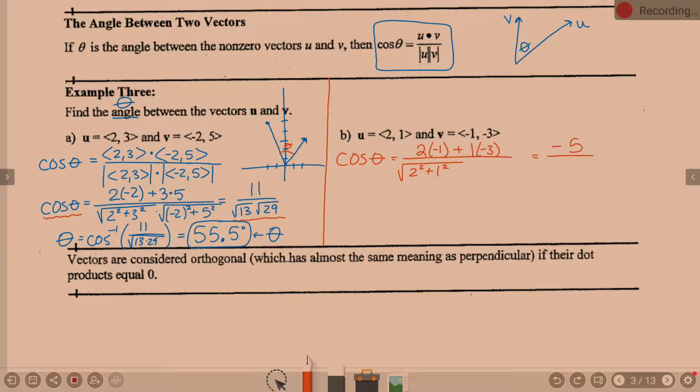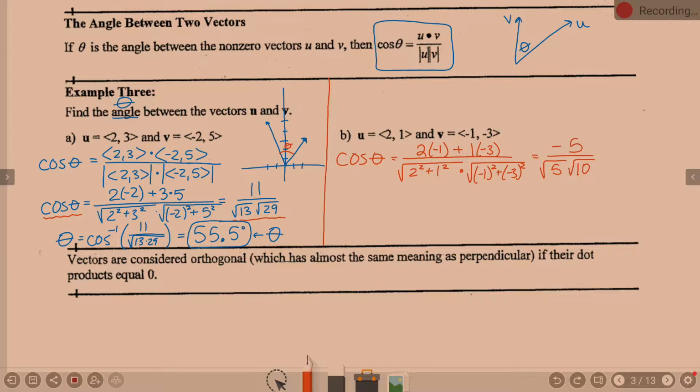So that's 4 plus 1. So that piece is square root of 5 times magnitude of V. So that's going to be the square root of negative 1 squared plus negative 3 squared. 1 plus 9 is 10. So square root of 10.